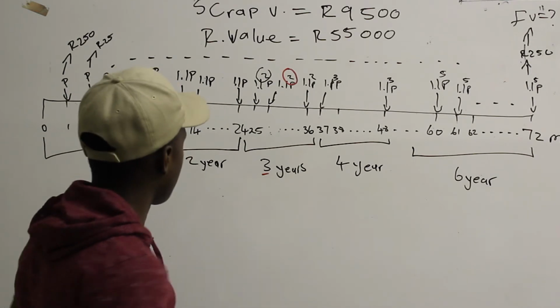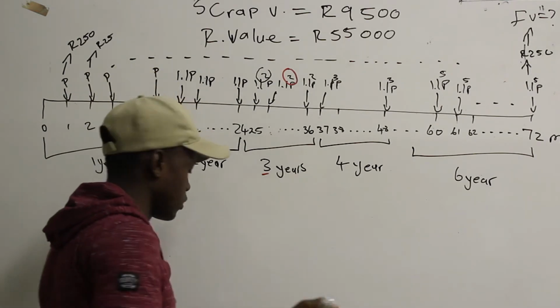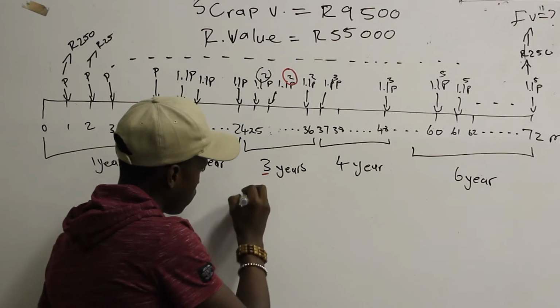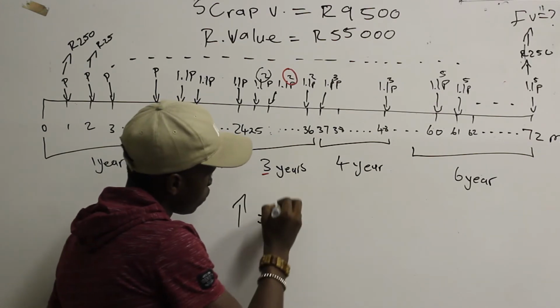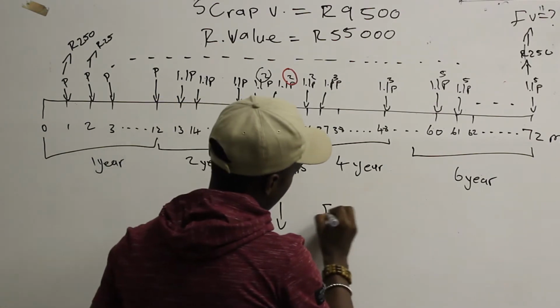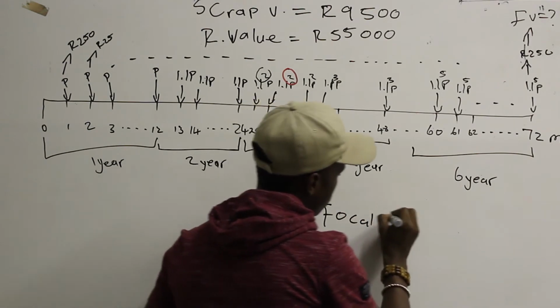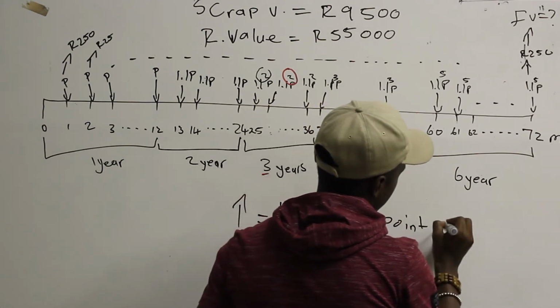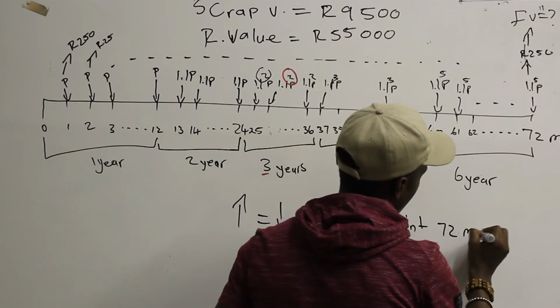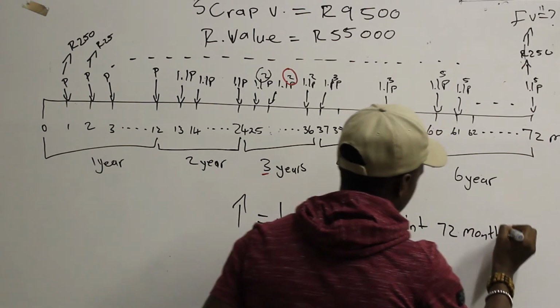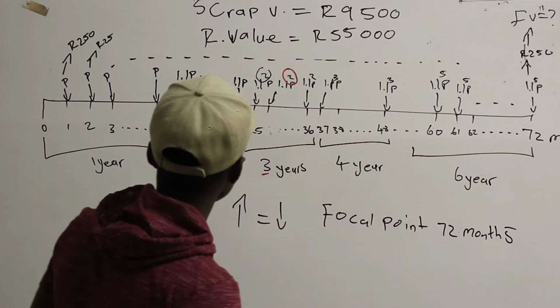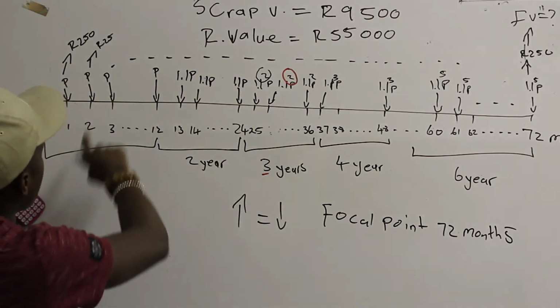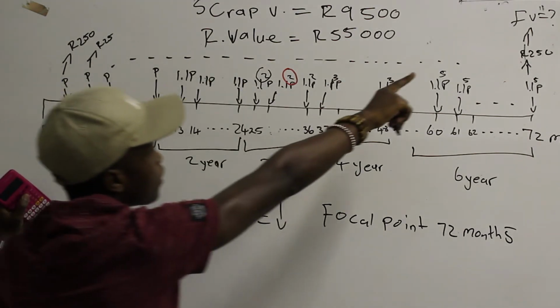So after that, going back to the equation of value, up arrow is equal to down arrow, focal point is 72 months, right? So my up arrow is at 250 and the future value.